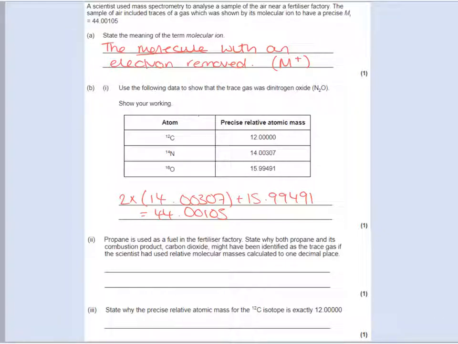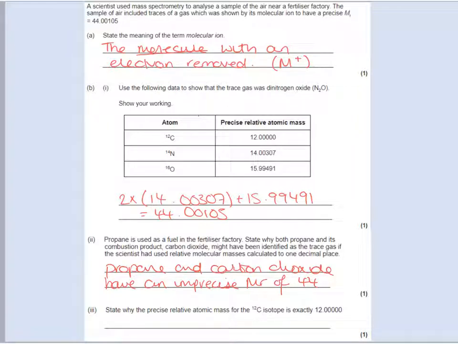So for this one, you could probably guess without even calculating it that the answer is that both propane and carbon dioxide have a mass of 44.0 when we do the calculation to 1 decimal place. So propane and carbon dioxide have an imprecise MR of 44, you could say, as does dinitrogen oxide.